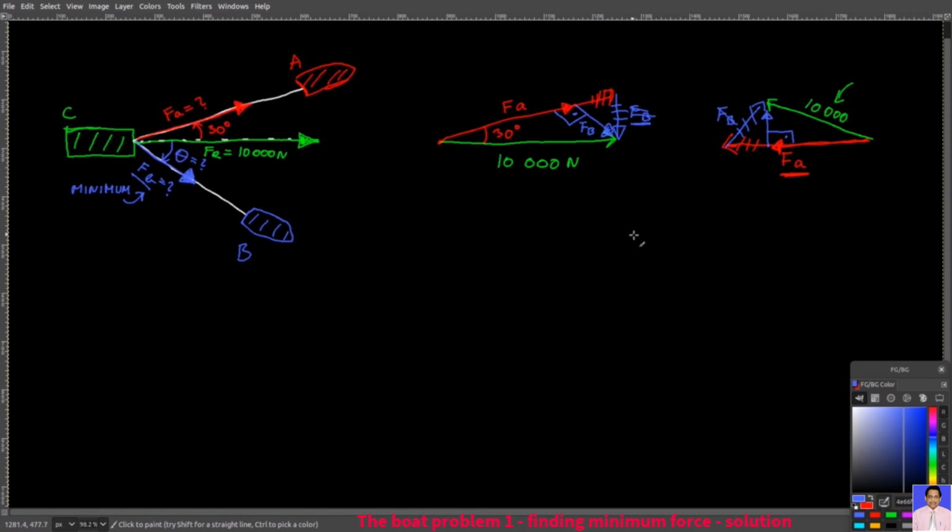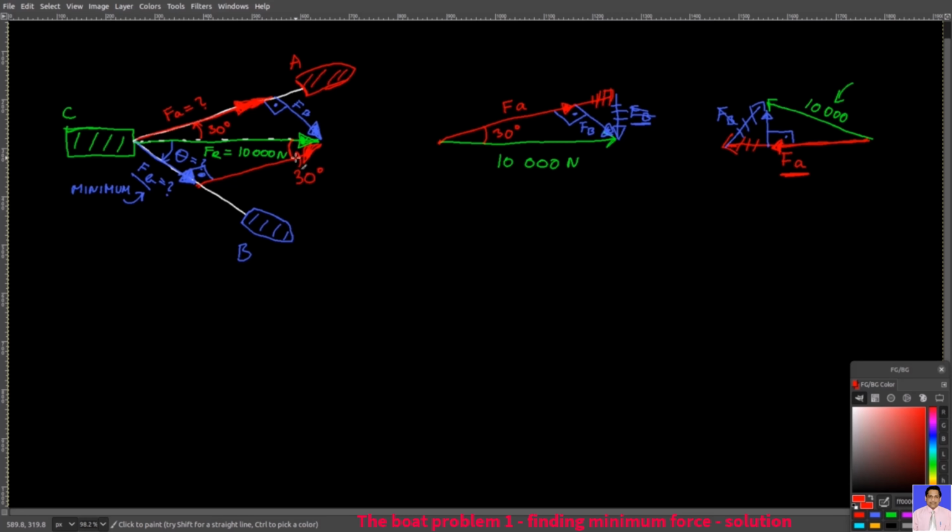Instead, it's this one. So I take this FB vector and I shift it here, and then here I have 90 degrees. But then if I choose this configuration, what's my theta? Well, if I take this FA and I shift it here, and again, here you have 90 degrees, then since they are the same triangles, since you have 30 degrees here, you also have 30 degrees here.